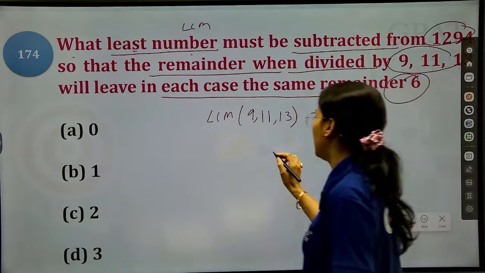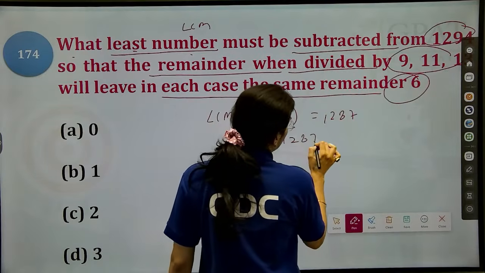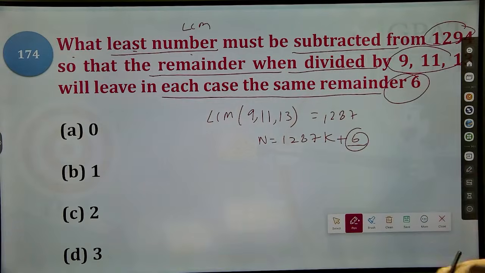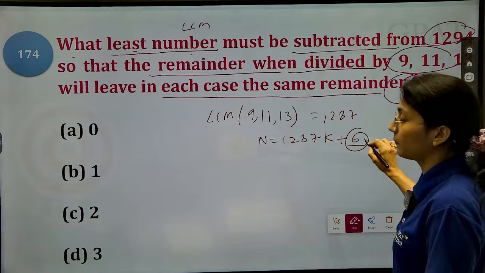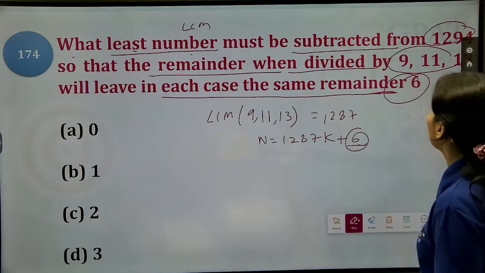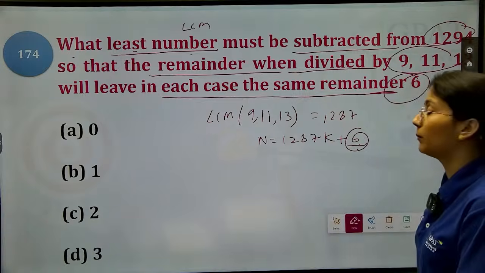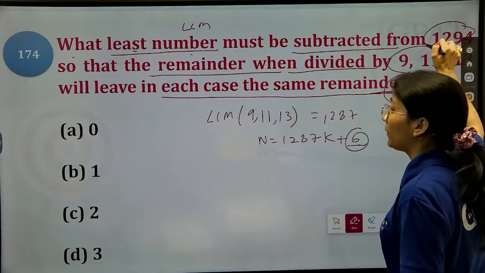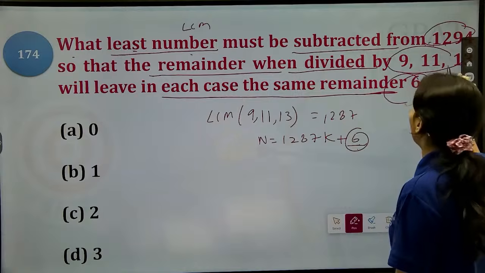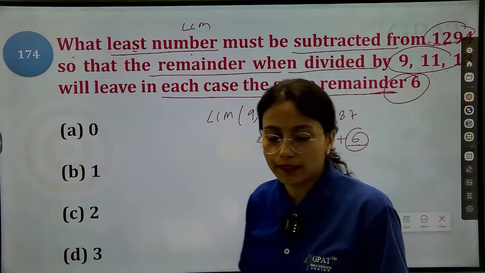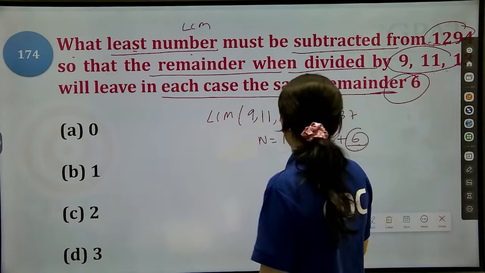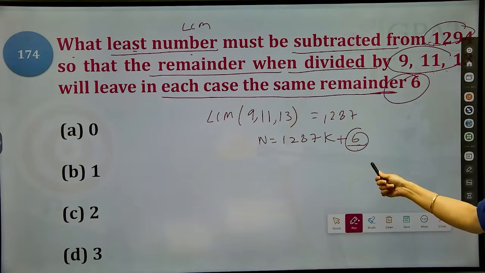So we can say that n is equal to 1287k plus 6, because 6 is the remainder in every case. We have to find what number to subtract from 1294 to get the remainder in each case when divided by 9, 11 and 13. If k is equal to 1, then n is equal to 1287 plus 6, which is 1293.